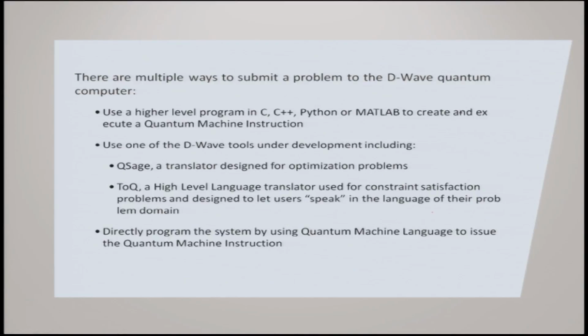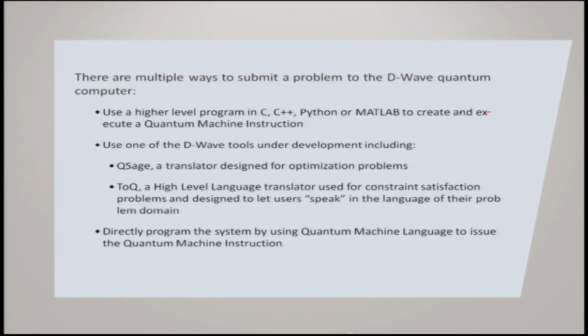There are multiple ways to submit a problem to the DWave quantum computer. As mentioned in the last slide, these are the many different ways. One can use higher level programs in C, C++, Python or MATLAB to create and execute a quantum machine instruction.